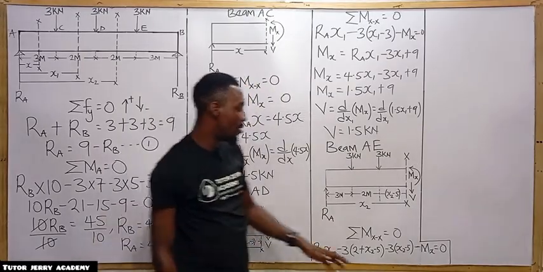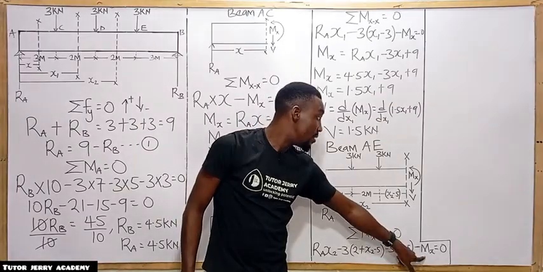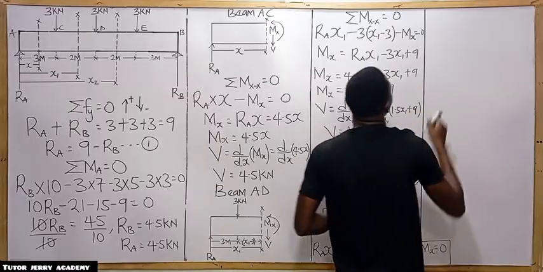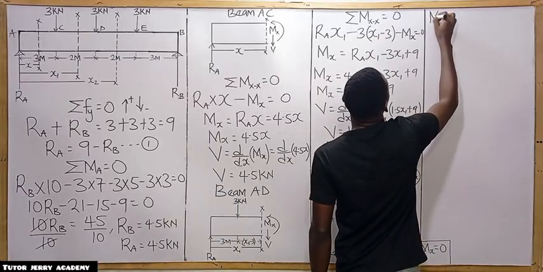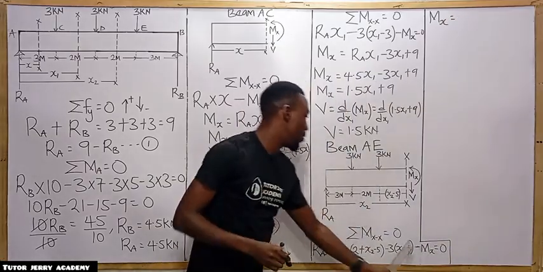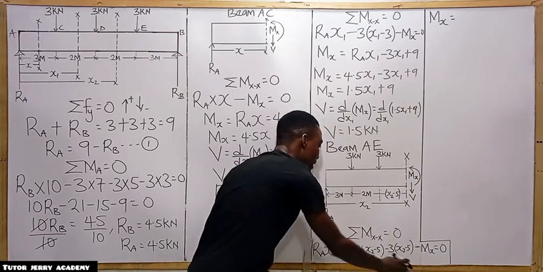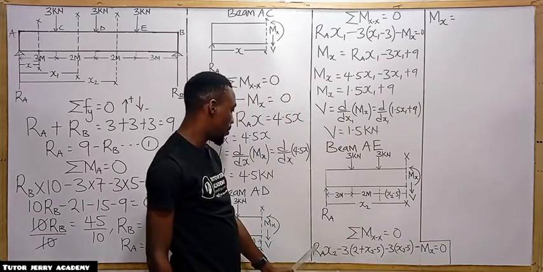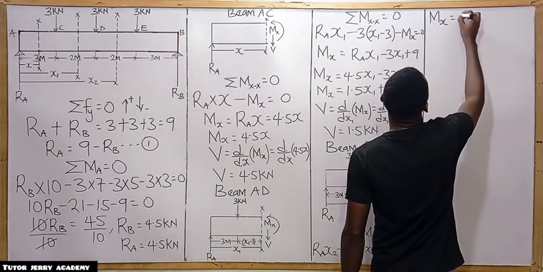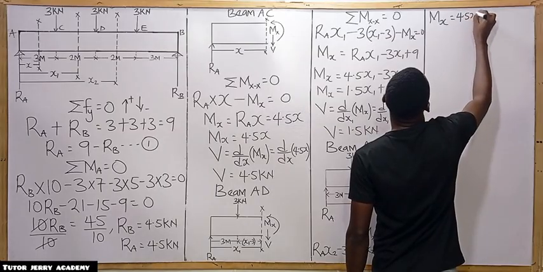The next thing we are going to do now is to make this MS the subject. So just take this to the other side. Everything here still remains the same, so let's substitute directly. Our RA is 4.5, so we have 4.5 S2.